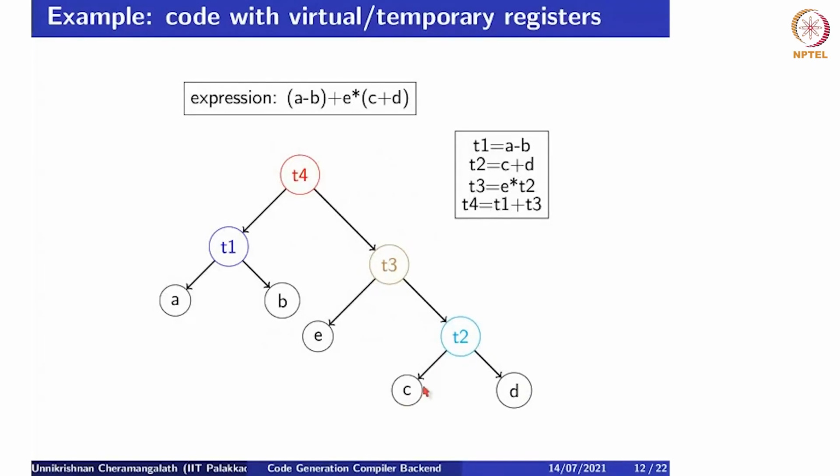So what you'll do is generate code for the right subtree, generate code for the left subtree, and the result will be stored in the register which computed the result for the right subtree. If you start from the root node T4, T3 will be computed in a register, and that register will be used to store the result of T4. You got it?